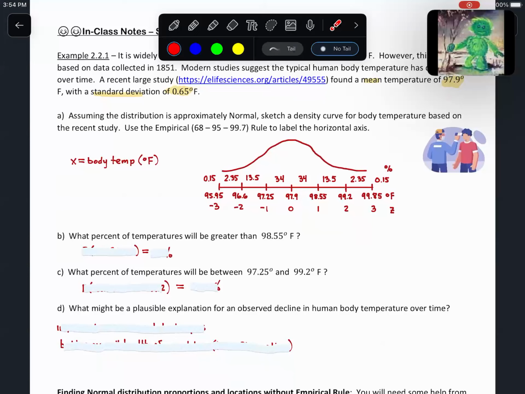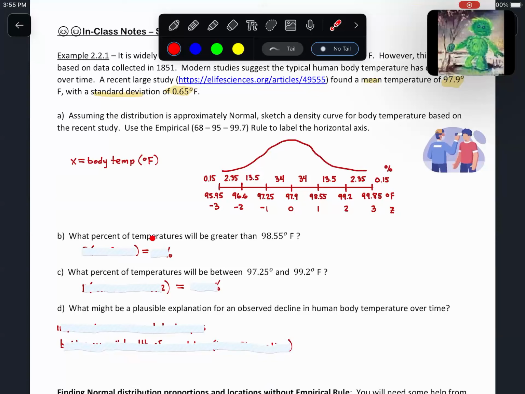And to help with that notation, you might also notice that I've officially defined a variable here. When I use the letter X throughout my work below, we know that X is going to represent body temperatures in degrees Fahrenheit.